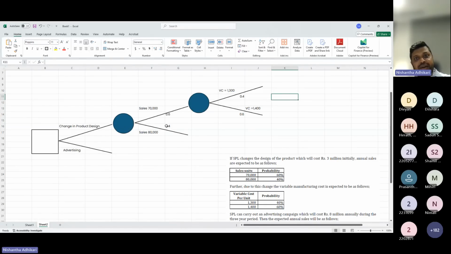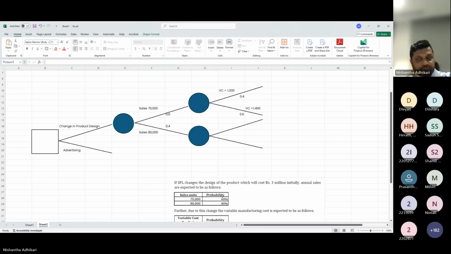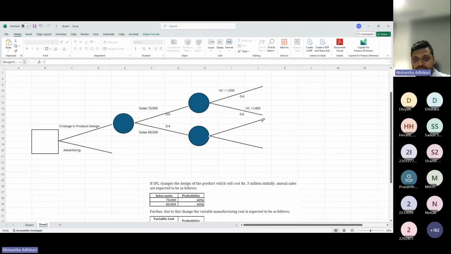Other one was sales 80,000. Again, this one I need to introduce. Variable cost equal to 1,300, probability of 40%, and variable cost 1,400, probability is 0.6.